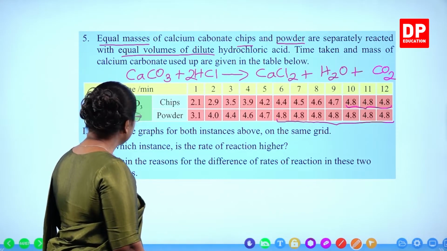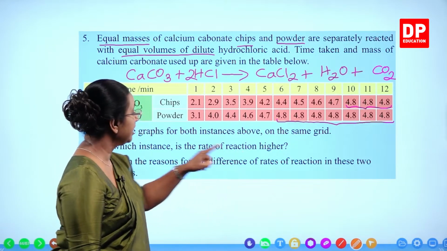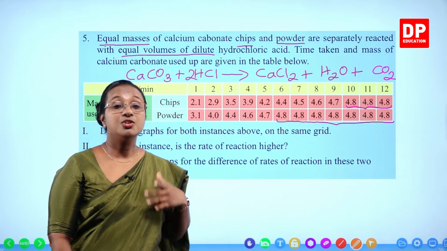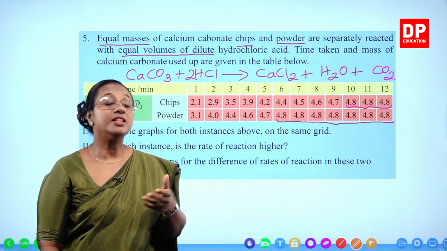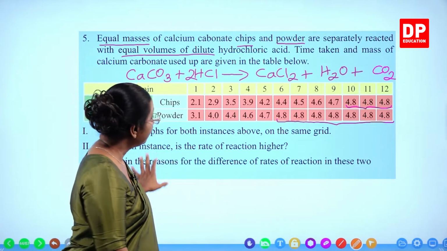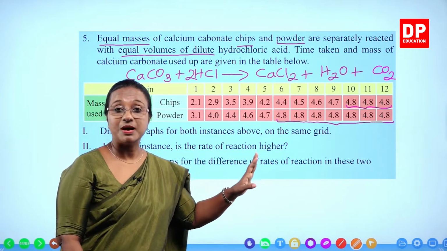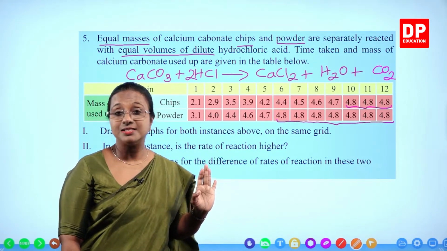And third one, explain the reasons for the difference of rates of reaction in these two instances. So that also you know how you need to explain using the number of collisions in a unit time. So we will answer these 3 questions one by one. I will move on to the next slide and then I will answer these questions.